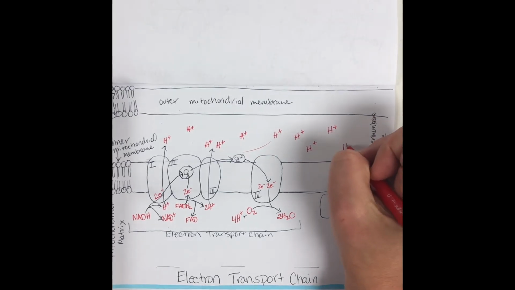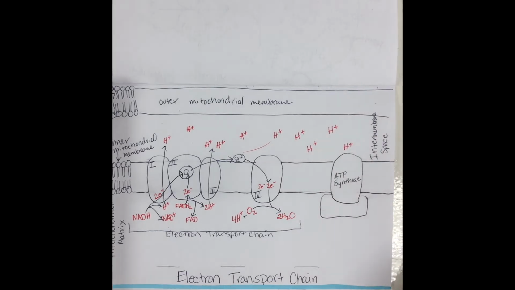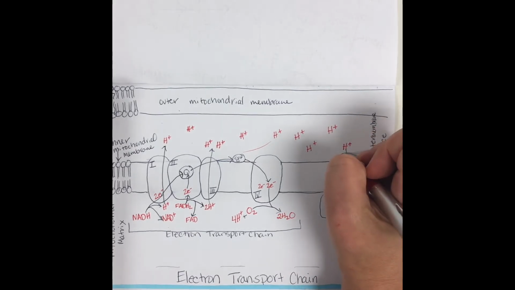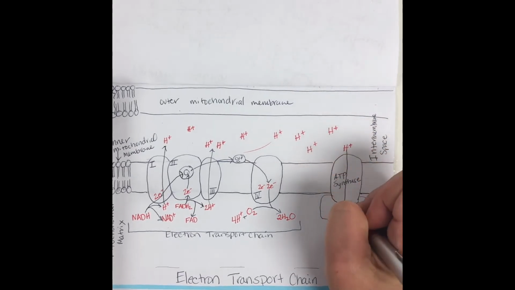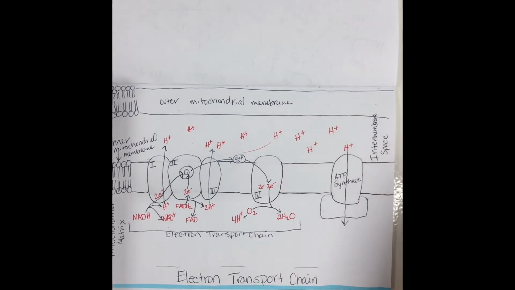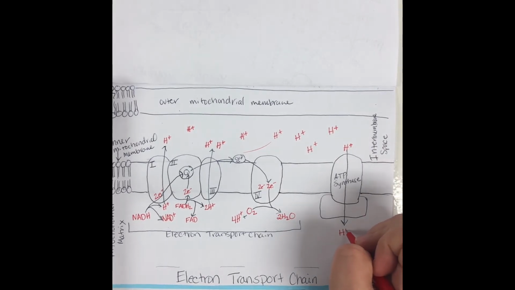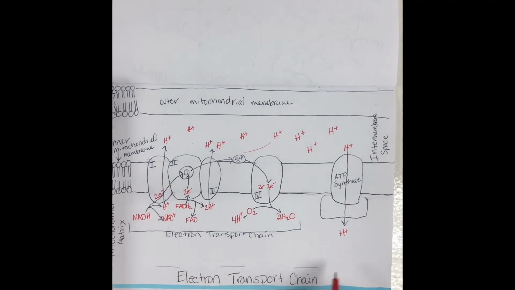ATP synthase is going to take some of these hydrogens and suck them through his little tube to the other side. So this puts hydrogens back over here that can be used to form electron carriers or to be sucked through the inner mitochondrial membrane into the intermembrane space.